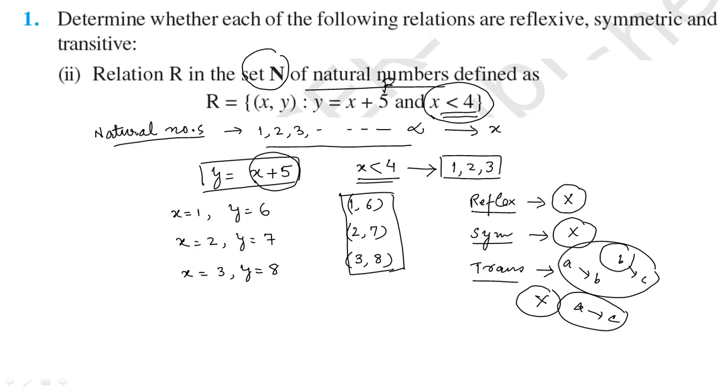Similarly, other points (2, 7): if I insert 2, answer is equal to 7, but I can't insert the value of x equal to 7. It means the transitive nature is also not there. All the 3 conditions, reflexive, symmetric and transitive, are not satisfied in this problem.